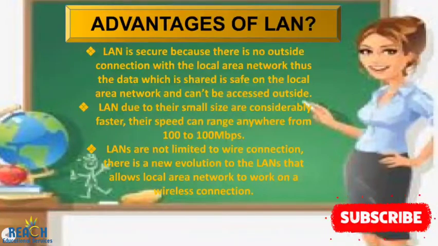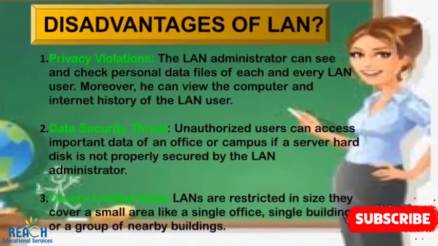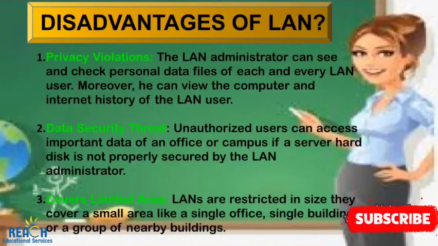Remember, we spoke about wireless connections? Yes, LAN has that. So let's look at some disadvantages of LAN. One disadvantage of LAN is that privacy violation may happen. Two, data security threats. And three, it covers limited areas.